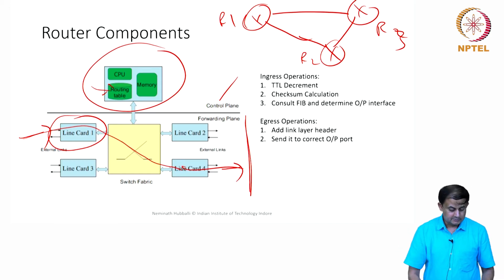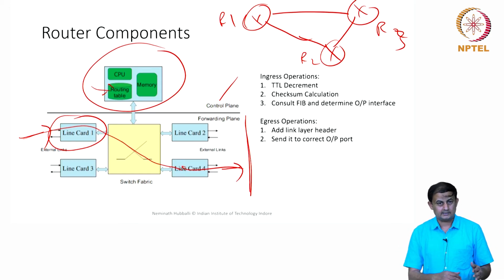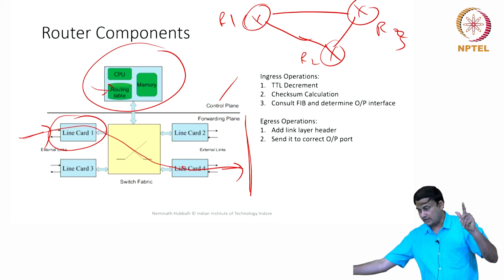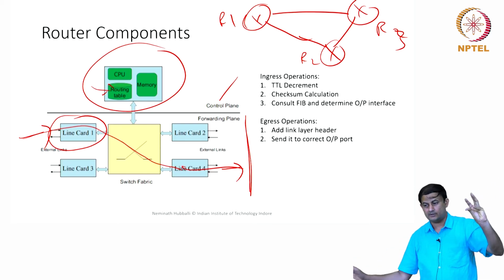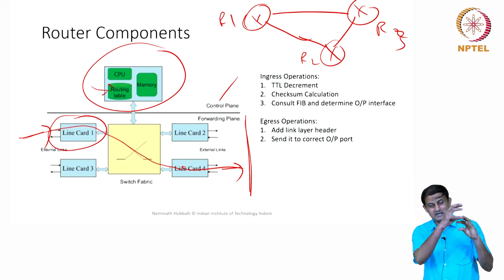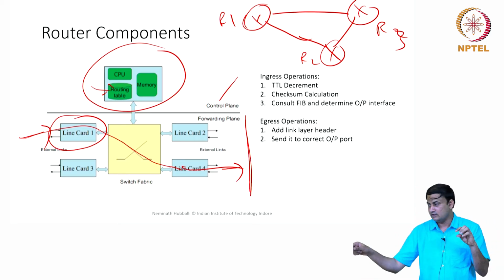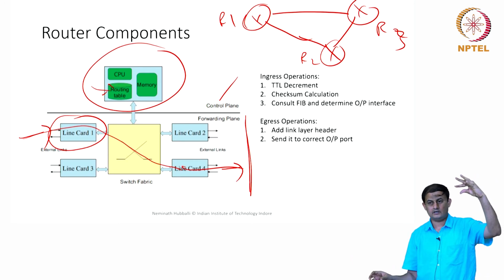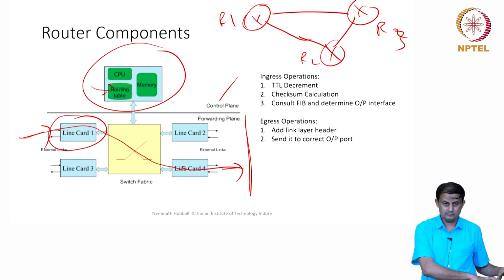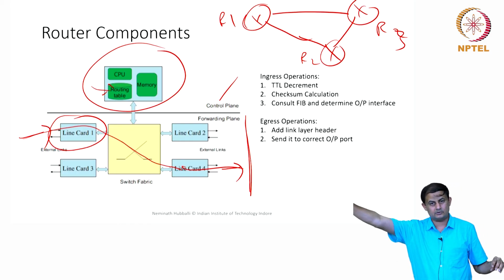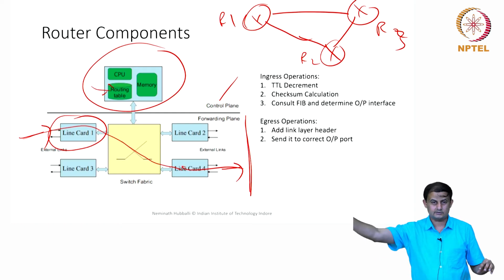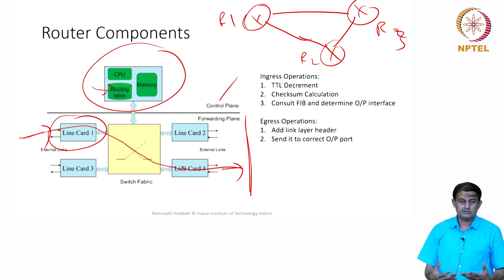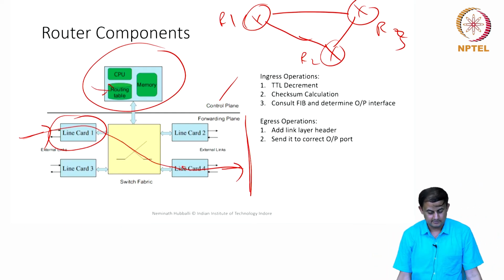So the switch fabric allows you to connect from an incoming interface to an outgoing interface. It establishes a link. If I want to go to line card number 10 from input line card number 1, how do I go there? And if I want to go from input line card number 3 to output line card number 4, how do I get there? Such interconnection is given by this fabric.